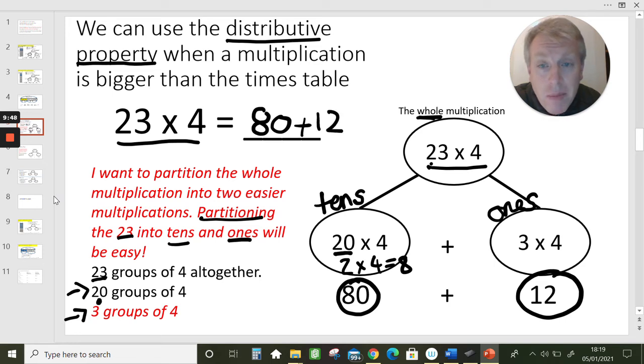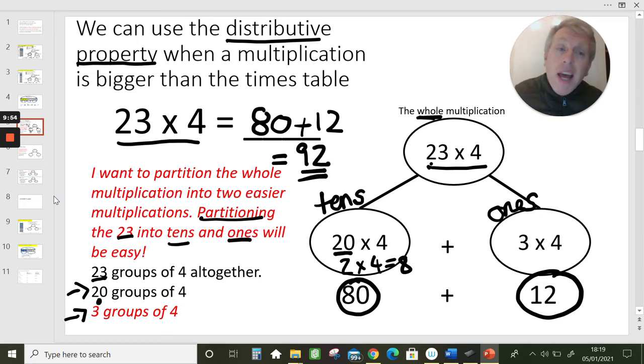I know 80 plus 12. 23 times 4 gives 92. If I split the big number into the 10s and the ones, and remember that I'm counting in groups of the number, I will do very well.